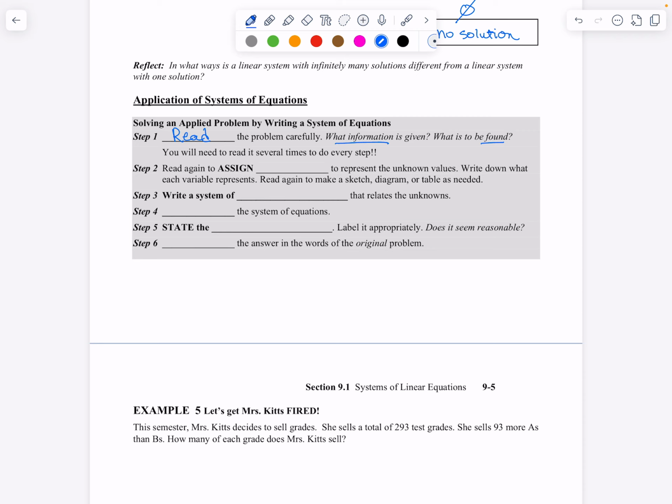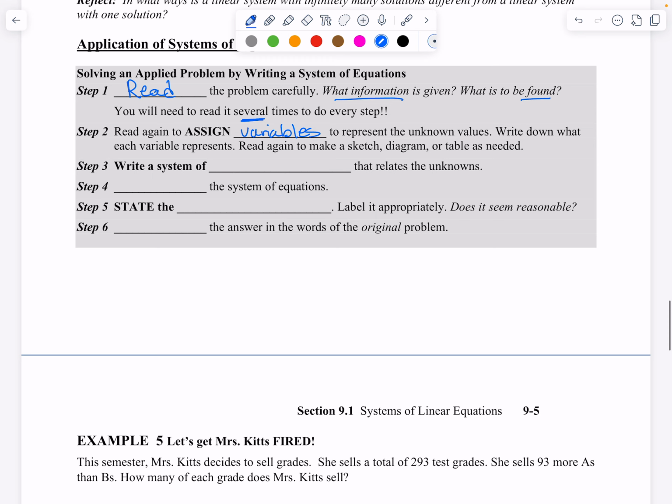You might have to read it several times to figure all that out. Then read it again to assign your variables to represent your unknown values. Write down what each one represents. You might even need to read it again to make a sketch, a table or a diagram.